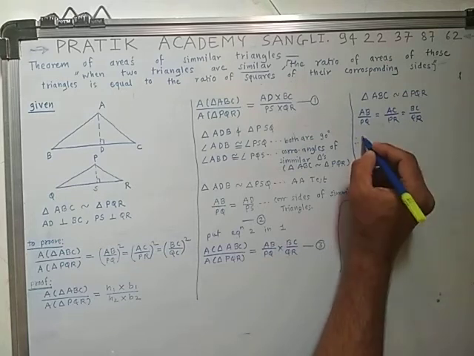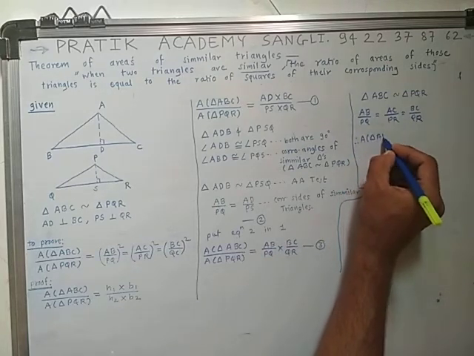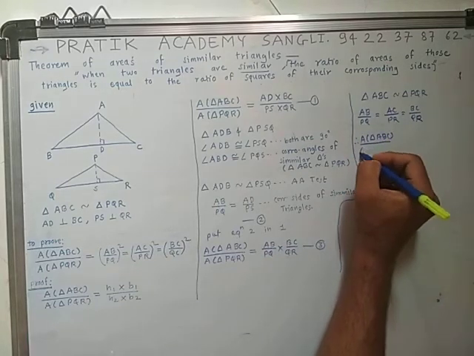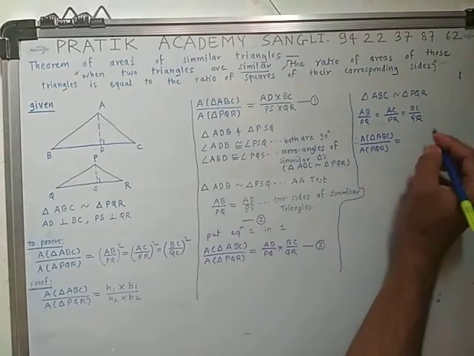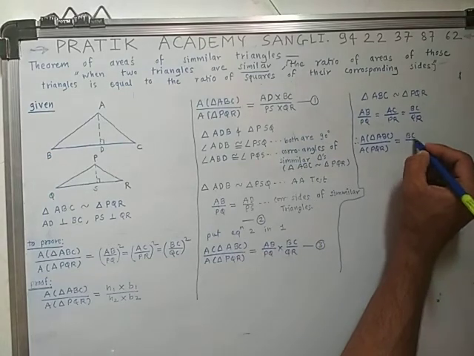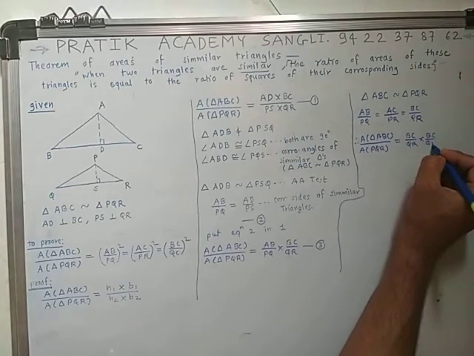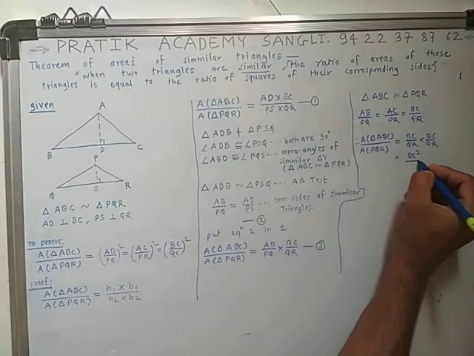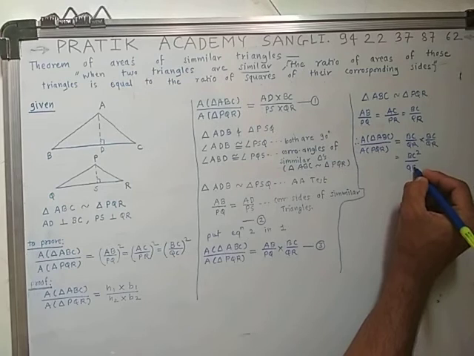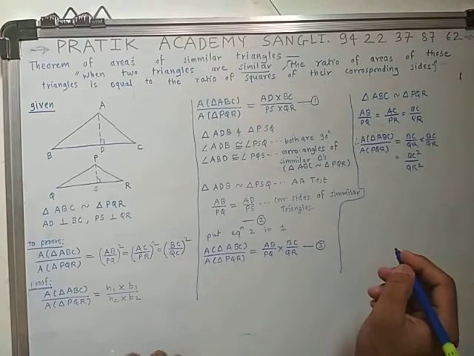Therefore area of triangle ABC upon area of triangle PQR will become BC upon QR into BC upon QR, that is BC square upon QR square.